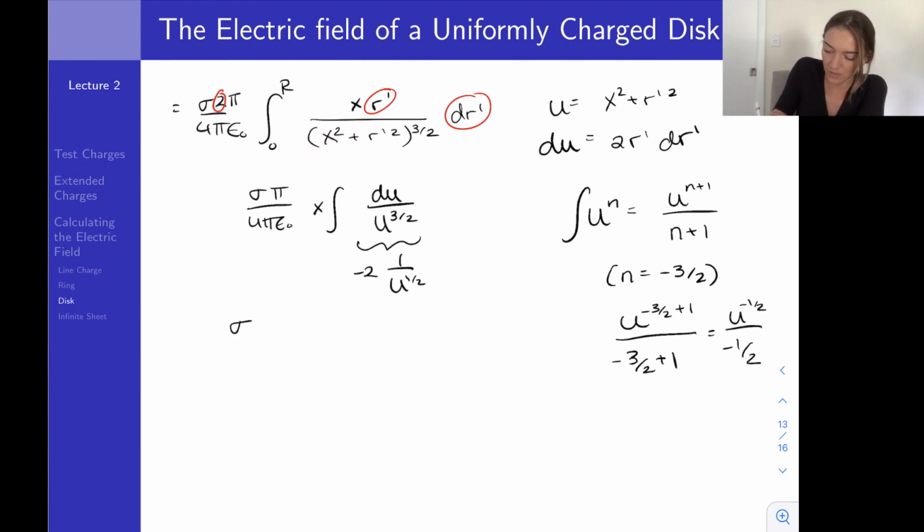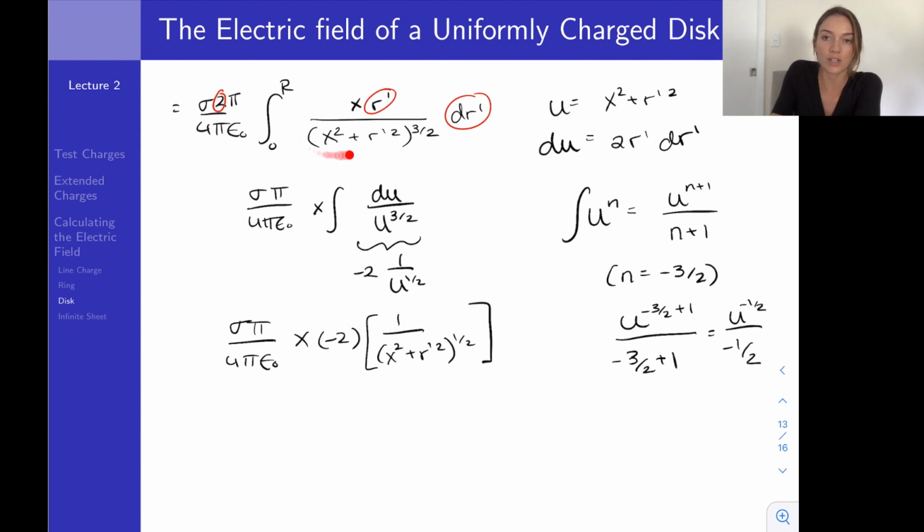So let's rewrite all of our constants that we had outside. We had x, we've got a negative 2, and now we have 1 over x squared plus r prime squared to the 1/2 now, and since we plugged back in our original variables, we're evaluating this from 0 to r.